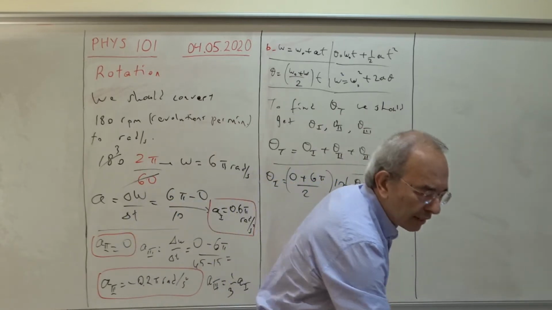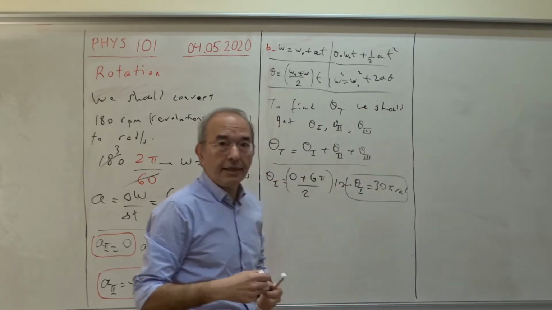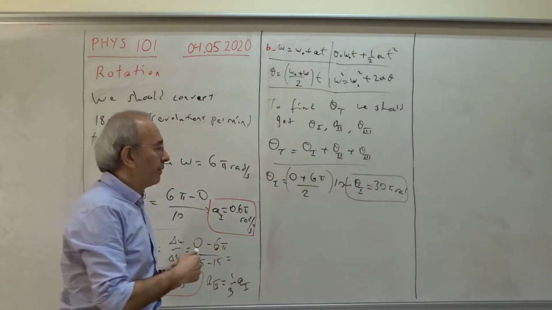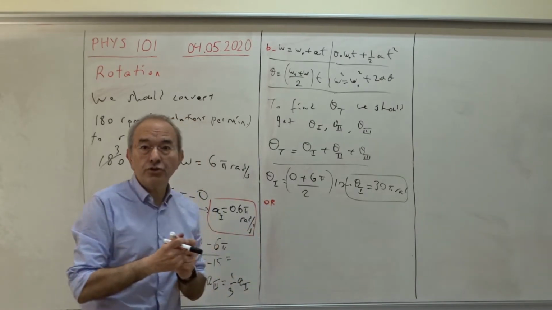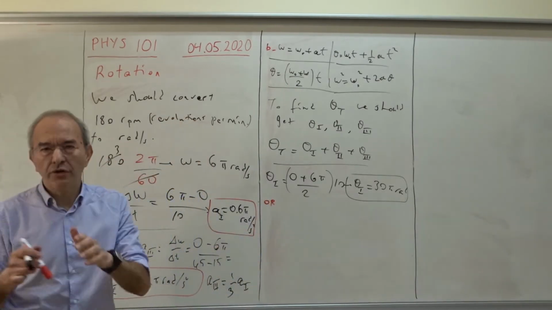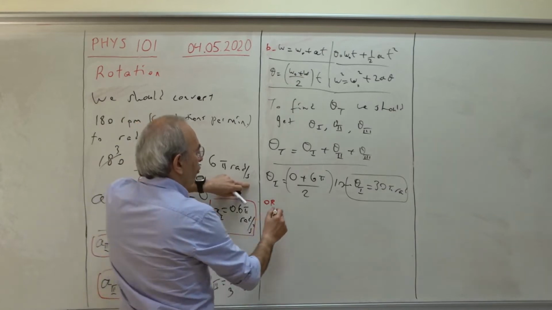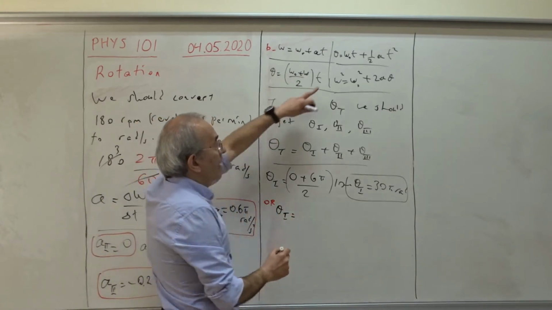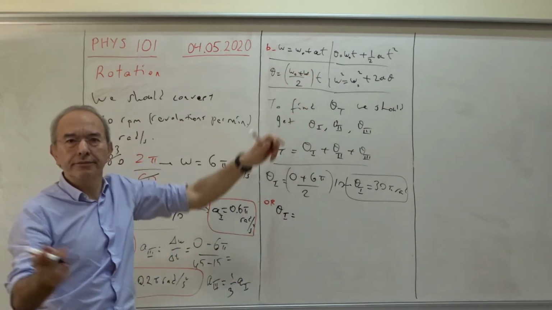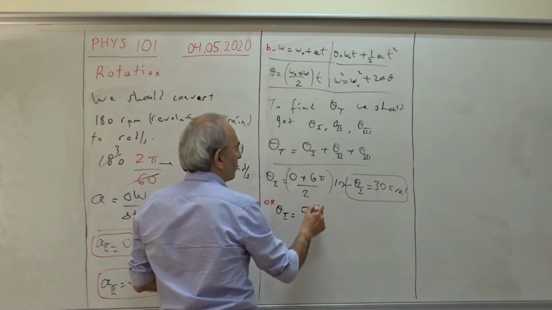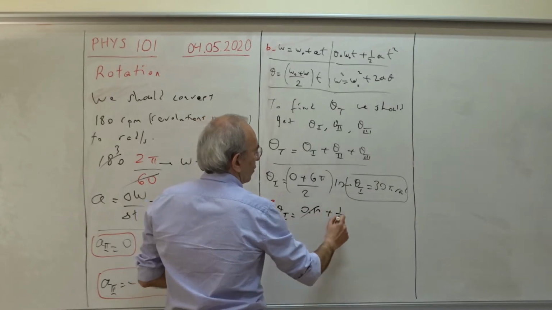Now, this theta 1 could be found by the other equations as well. We are still in the first interval, between 0 and 10. Theta 1 can be found by the second equation. Initial speed omega 0 is 0, so it is just 0 times 10 plus 1/2 alpha t squared.